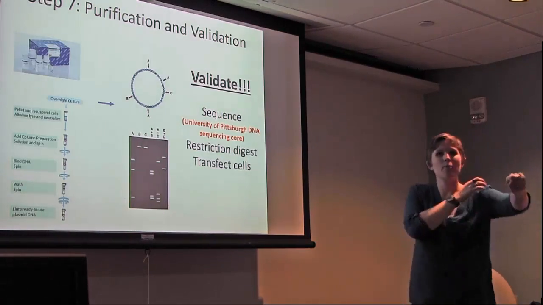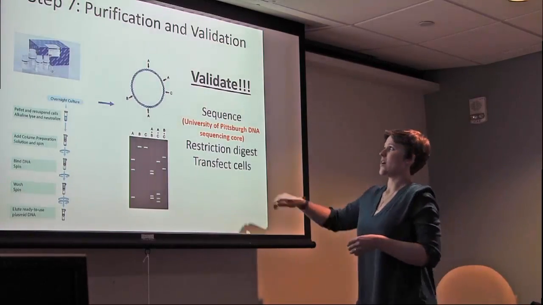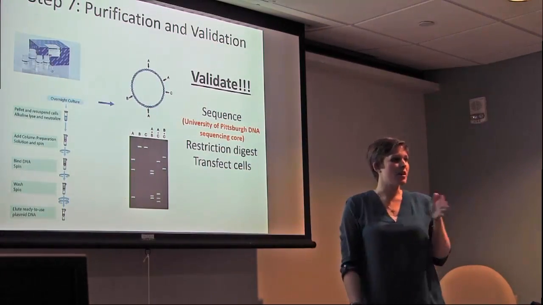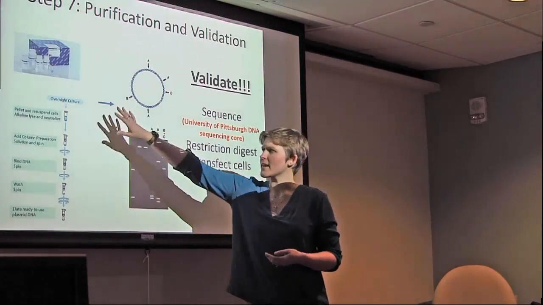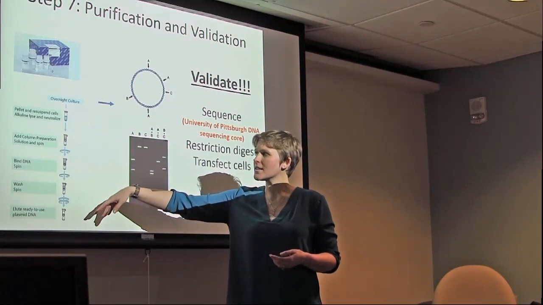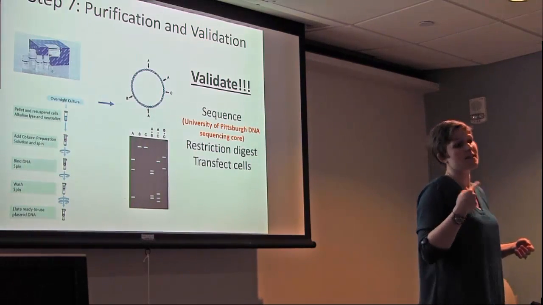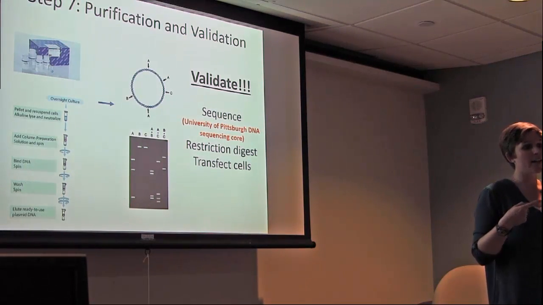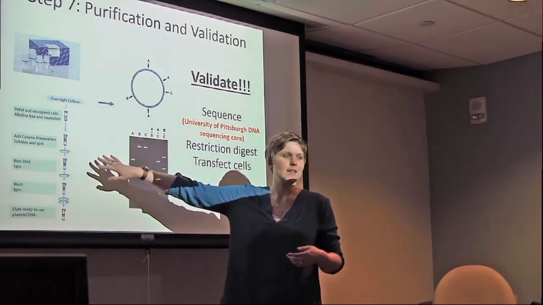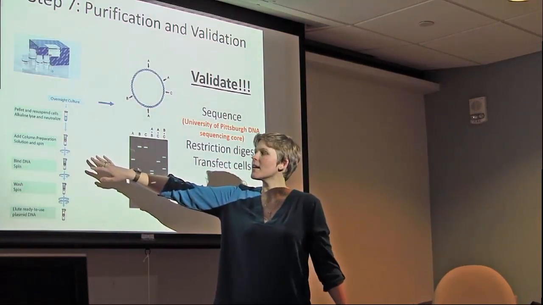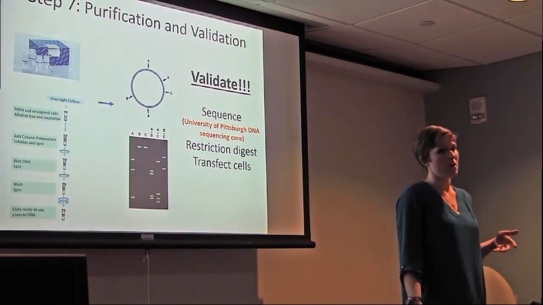Okay, so the most important part of the entire thing is this ultimate validation step, because you want to make sure that what you made is what you think you made. So you'll take those bacteria, those colonies, you'll just pick one, let it grow up still in that antibiotic, and then use another QIAGEN kit, a plasmid maxi, mini, midi prep kit, and you will isolate that plasmid DNA from the E. coli.